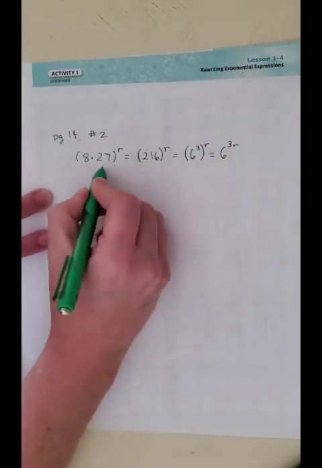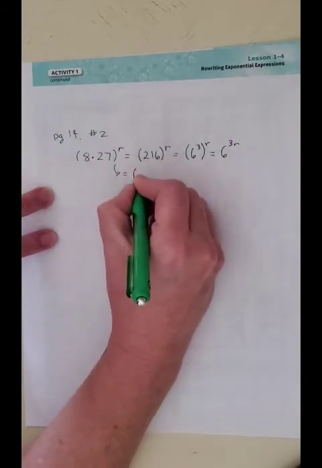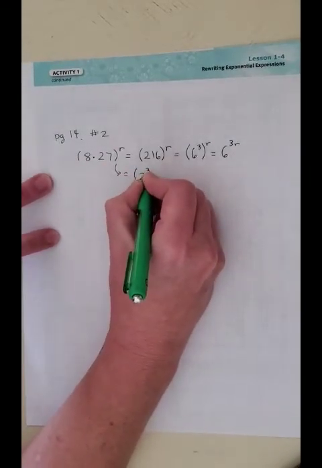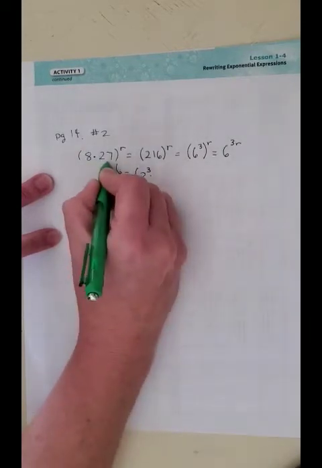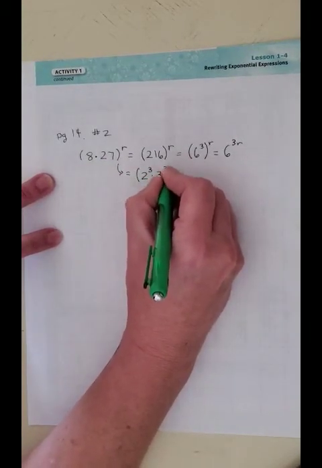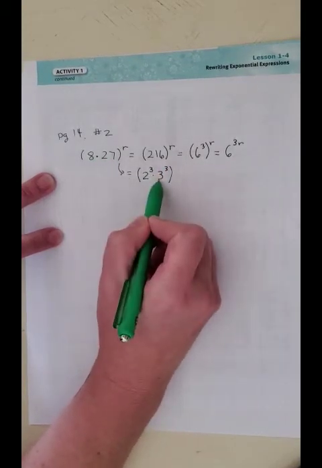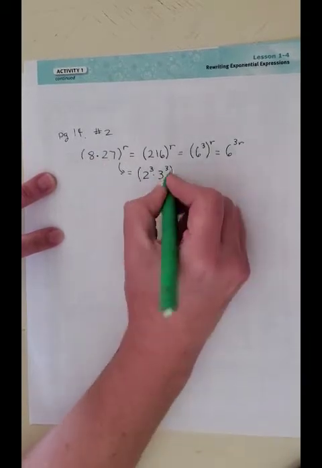All right, the other way to do this problem would have been to rewrite 8. 8 is 2 to the third power. And to rewrite 27, 27 is 3 to the third power. And that's because 2 times 2 times 2 equals 8, and 3 times 3 times 3 equals 27.